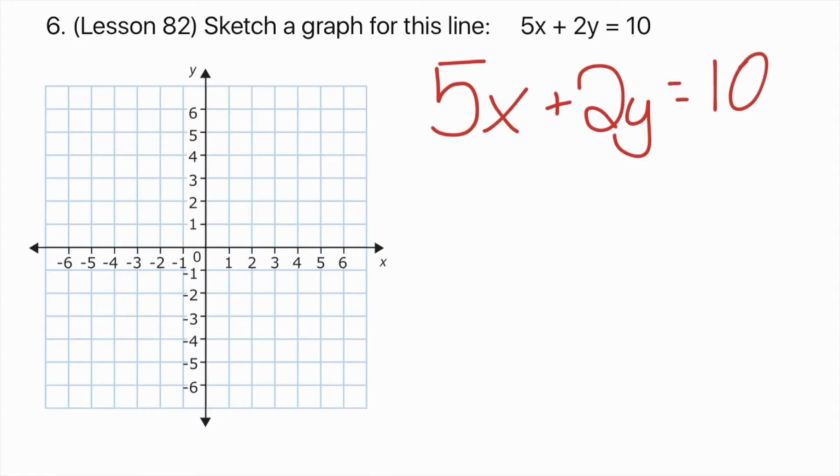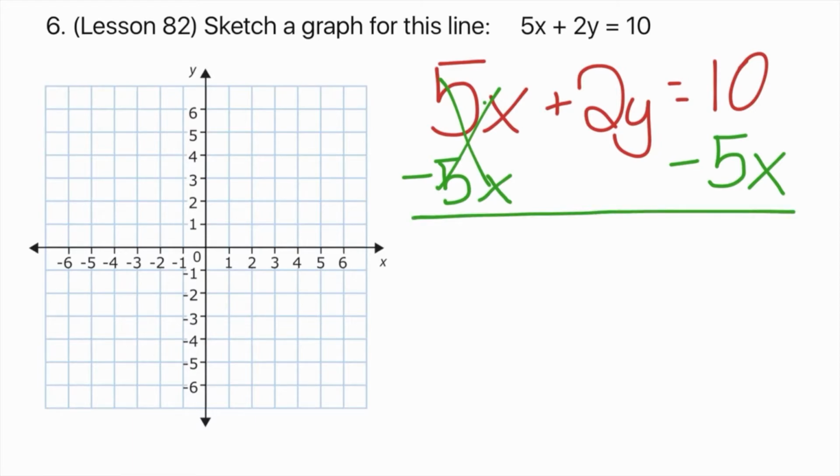So I want to first get this 5x and move it from the left and bring it over to the right side. So in order to get rid of it on the left side, I need to subtract that whole 5x from the left. So I subtract 5x from the left, and that cancels. And then I subtract 5x from the right to keep my equation balanced.